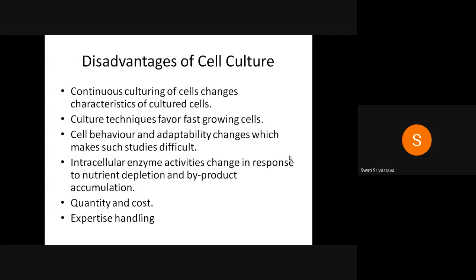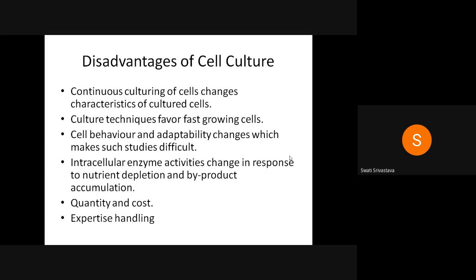So if you want to make such studies, how the cell will behave in the in vitro system and in vivo system, there will be a large difference in the studies, and you cannot well relate them. Next is, in response to the adaptations, there would be change in the intracellular enzyme activities.